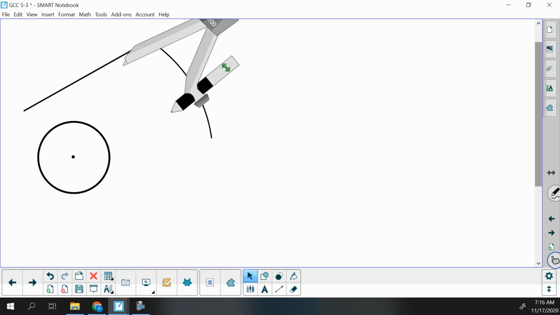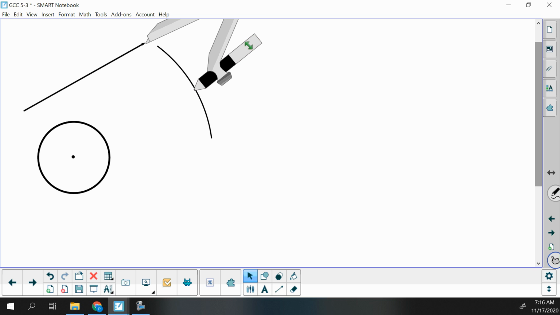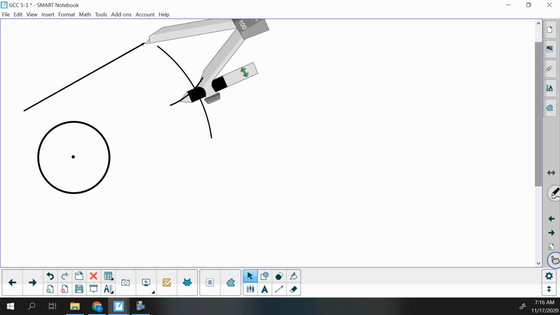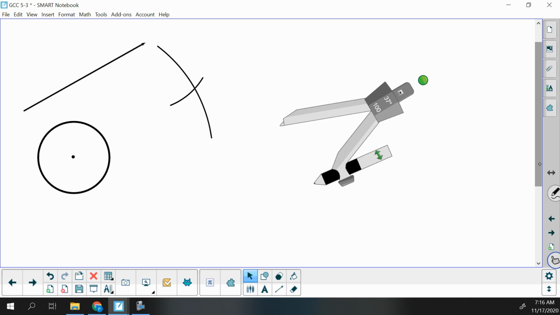And then I'll move my point to the end point of the vector. I'll make a little arc, and that's where the center of my circle will be.